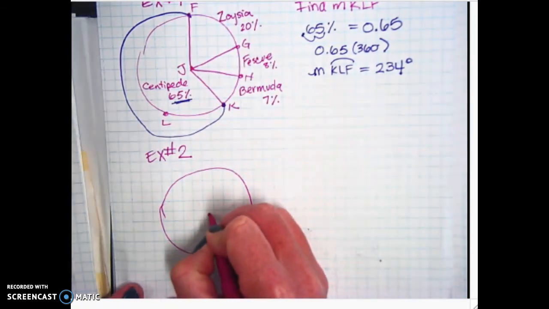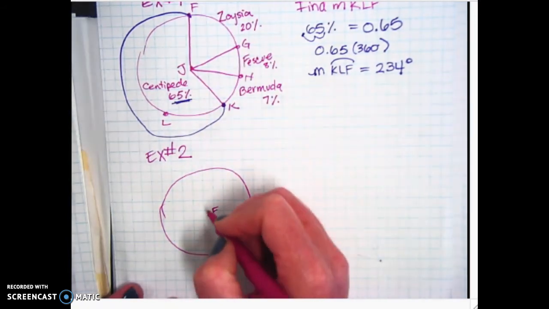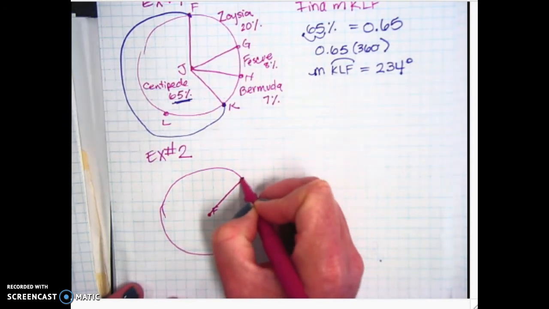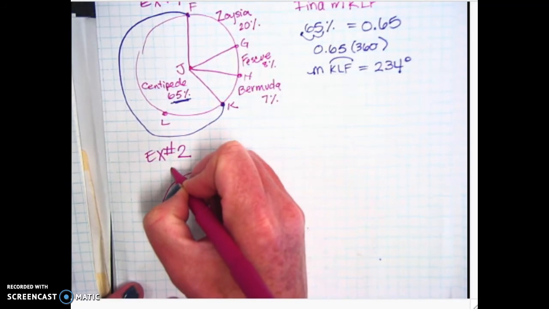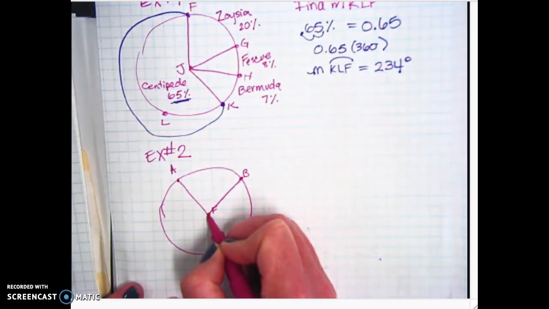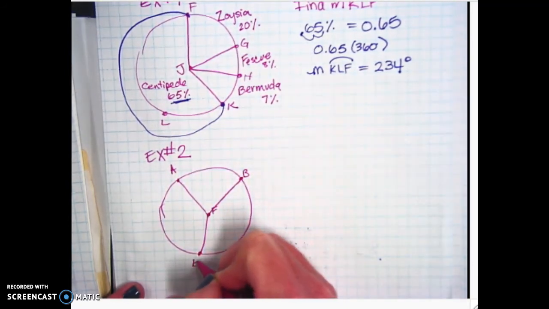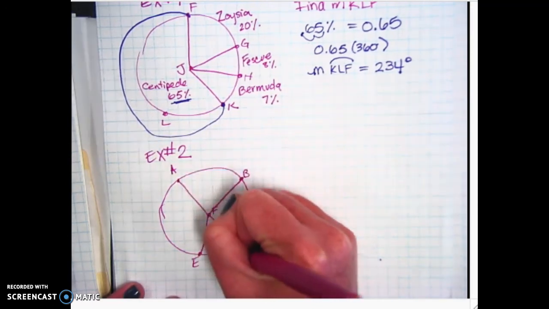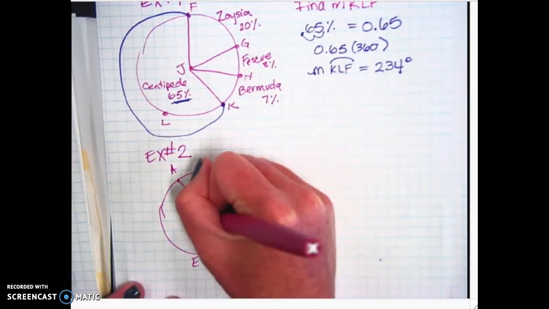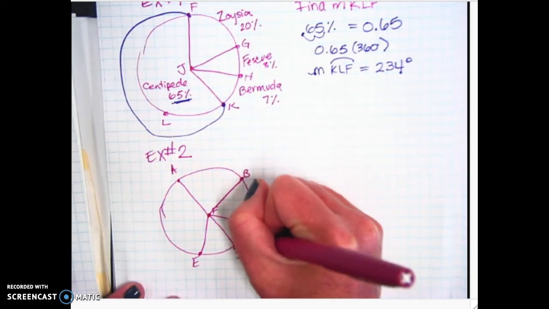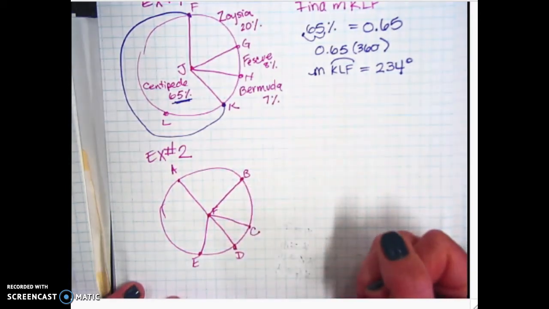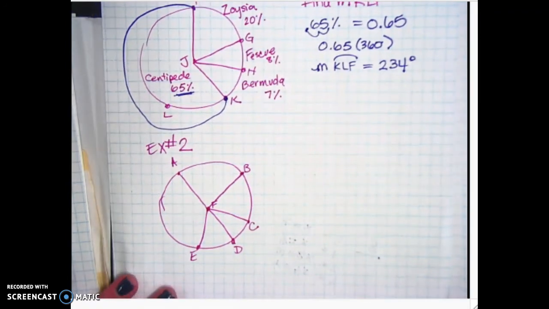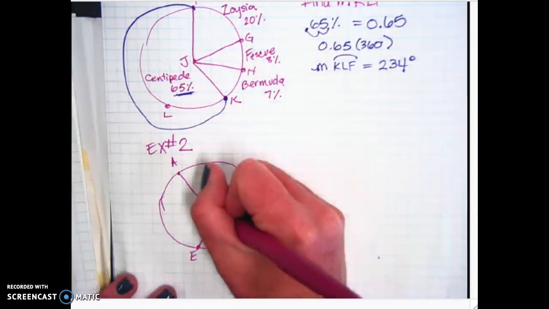So this is going to be circle F, and we have one radius coming over here to B, another radius coming over here to A, a radius coming over here to E, another radius coming here to D, and one coming here to C. I drew this wrong, sorry.